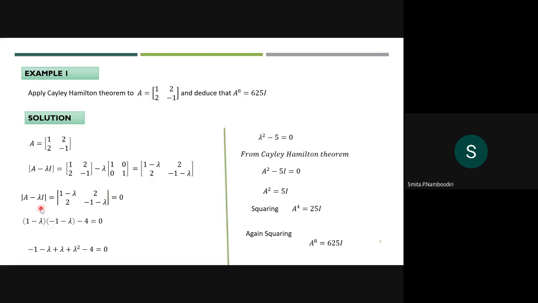Okay, the first step we are calculating the characteristic equation and then replacing lambda by A. That is the Cayley-Hamilton theorem. जो भी characteristic equation है उसमें lambda को A put करना है. So we get A square equal to 5I. Our aim is to prove A raised to 8. So we are squaring 2 times and getting the required result. ठीक है? The simple problem.